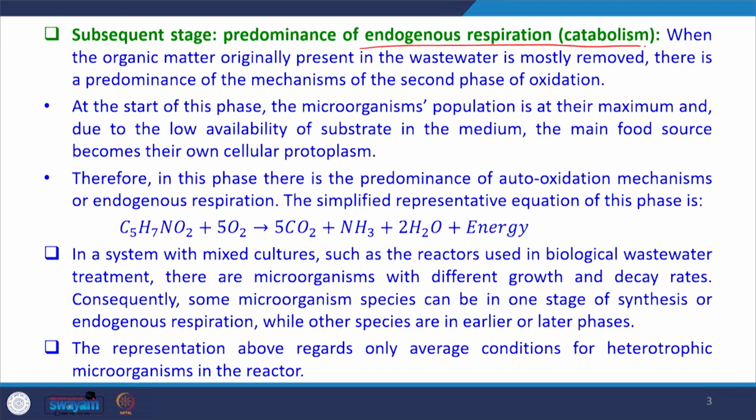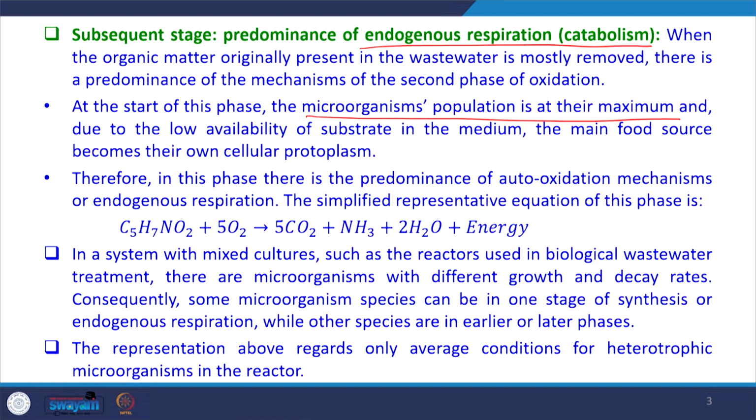In the subsequent stage, the second stage, endogenous respiration or catabolism happens. When the organic matter originally present in the wastewater gets mostly removed, there is a predominance of this second phase of oxidation. In this stage the microorganism population is at its maximum, and due to the low availability of substrate, because all the organic matter has already degraded, the main food source becomes the cellular protoplasm itself.